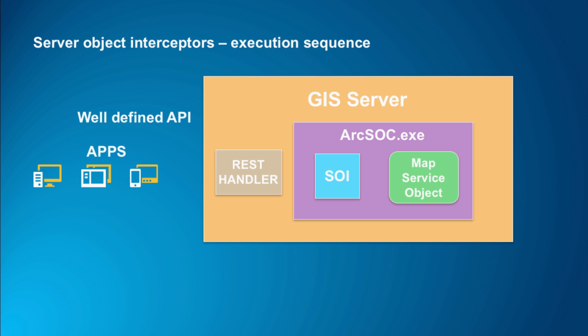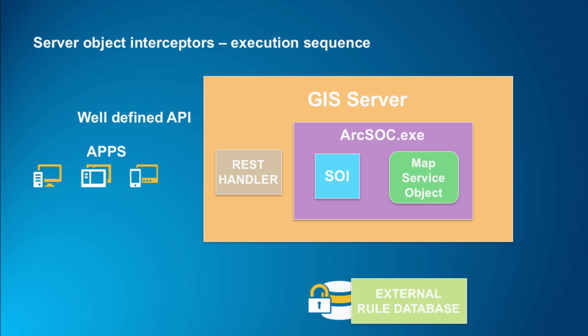So when you write an SOI and deploy it into the ArcSOC process, it's actually using the same process space and very closely sitting next to your server object. So let's say I have an external database that contains some basic rules that need to be applied as requests flow through my system.